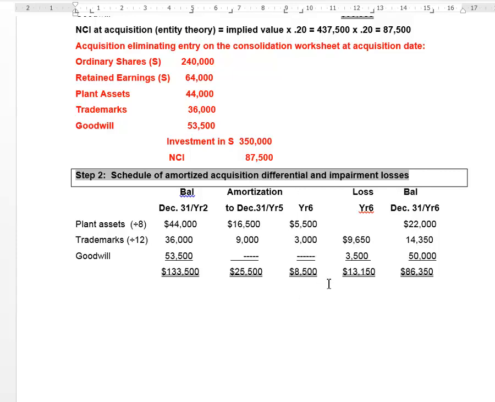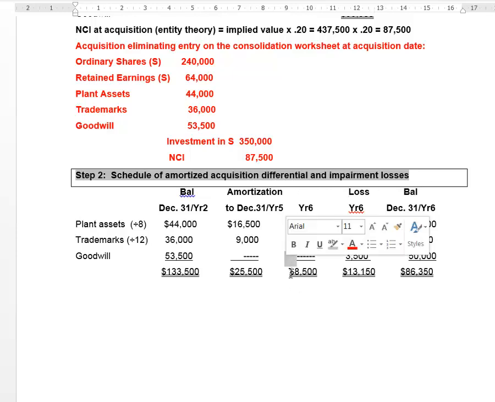That's your $8,500. Now you'll notice I separated out a column for the loss during year 6. Technically, you don't have to separate that out, but the reason I did was because in our question, we know that any losses that we book in year 6, that is, any impairment losses, are going to be set up to a different account than any amortizations.